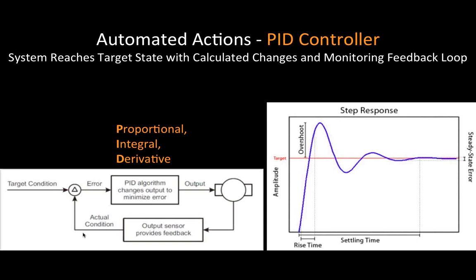And then analyzing what should be done to reach this target condition or maximum transactions per second at a certain latency, then changing the system, measuring the changes, measuring the impact, and feeding it back as a feedback loop into the system again. So on the right-hand side there, you can see an example of the system reaching a target state automatically with this kind of PID controller algorithms and feedback loops. The same can be used in many cases to control applications, services, and systems, even though they are in the cloud.